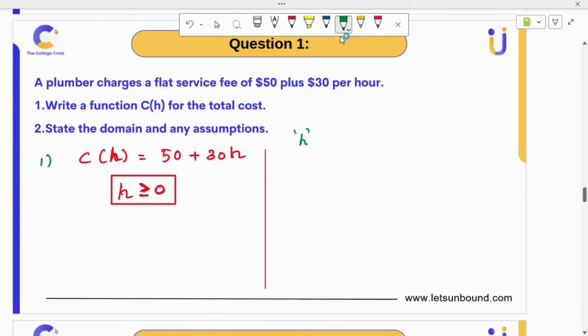They didn't mention only whole numbers of hours, so let's assume whole numbers or fractions. So it's continuous. Your graph will not be like 0 hours 50, 1 hour 80, with breaks. That is my assumption here. Because they didn't mention anything about it, we are taking h as measured in whole numbers or also fractions.